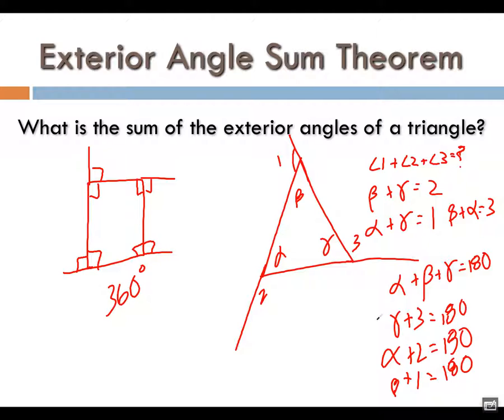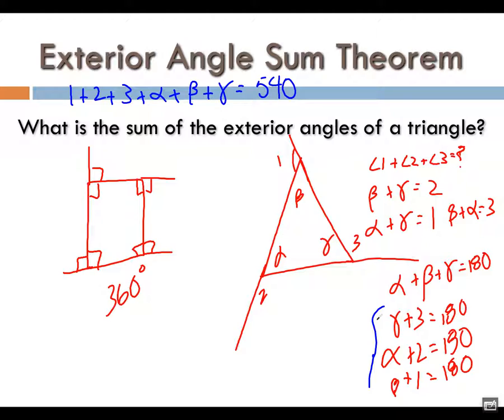Well, let's use this chunk of information here. What if I add all that together? Let's add the left side together, and we get 1 plus 2 plus 3 plus alpha plus beta plus gamma is equal to 540.